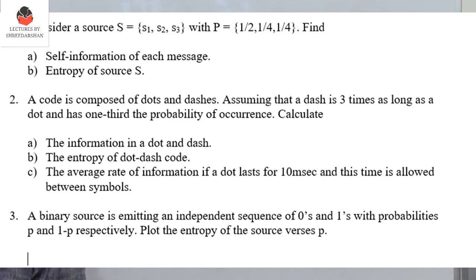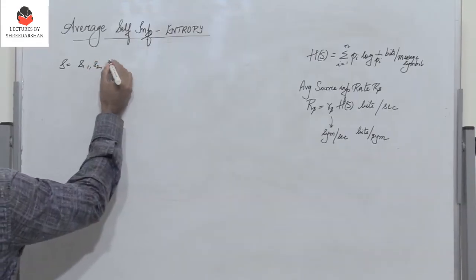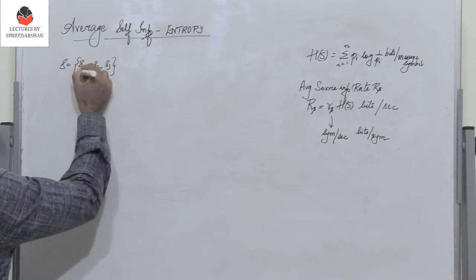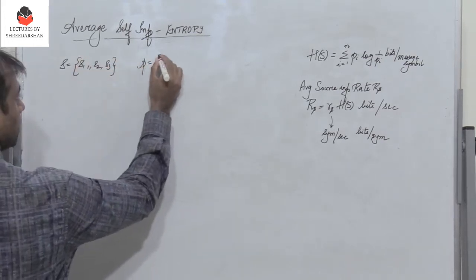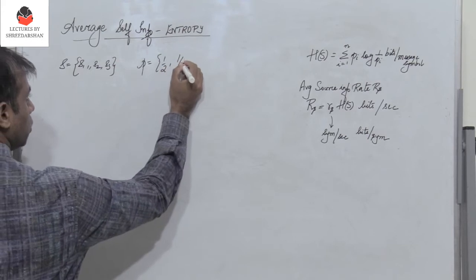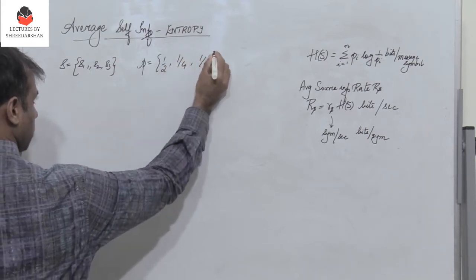The first problem states that consider a source S with symbols S1, S2 and S3 with probabilities 1 by 2, 1 by 4 and 1 by 4.